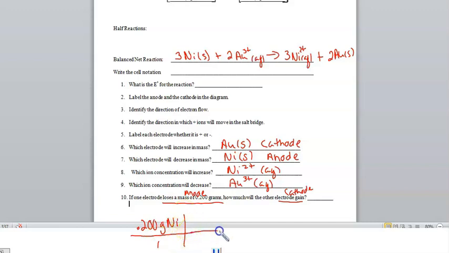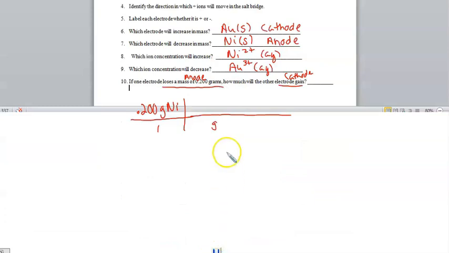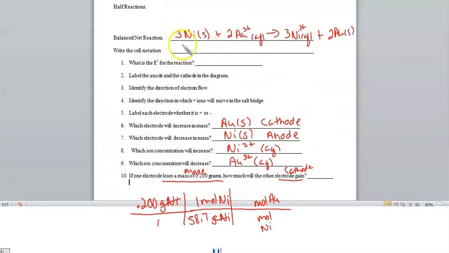So let us begin. So we're going to bring grams of nickel to 1 mole of nickel. The molar mass is 58.7 from the periodic table. And now we're going to do that mole-mole ratio from mole of nickel to mole of gold. And we're going to find that from our balanced equation.